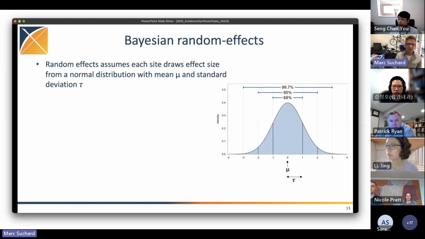We're going to start with some simple ideas on Bayesian random effects modeling as an extension to the standard meta-analytic model. The standard meta-analytic model says that each of our point estimates are drawn from a normal distribution centered around an estimable population level average that we can think of as our summary for our meta-analytic estimate.